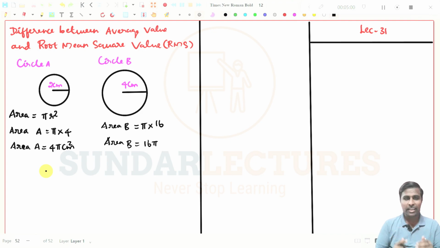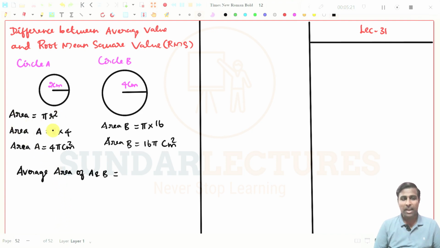I need the average area of circle A and B. The parameter we have here is area, the SI unit is centimeter square, and the parameter we want is also centimeter square.